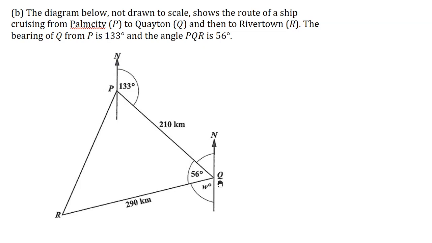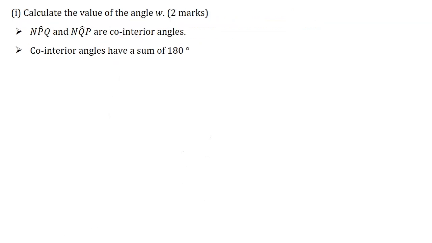So we know here that QN and PN are parallel lines and PQ is a transversal. Now, when a transversal intersects two parallel lines, what you have being formed are co-interior angles, and co-interior angles simply mean that they have a sum of 180 degrees. So I could say 180 minus 133 and get here angle NQP.